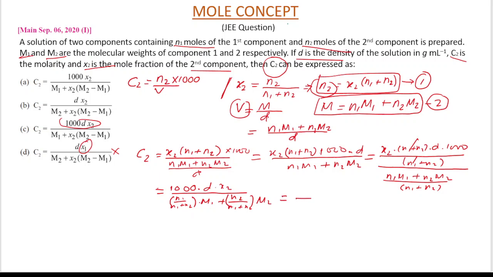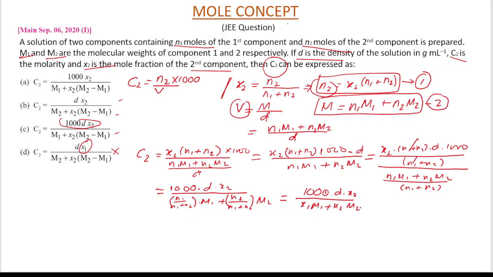So this is nothing but the mole fraction of 1 and 2. So 1000 into d into x2 divided by (x1 m1 plus x2 m2). So it is still not matched.